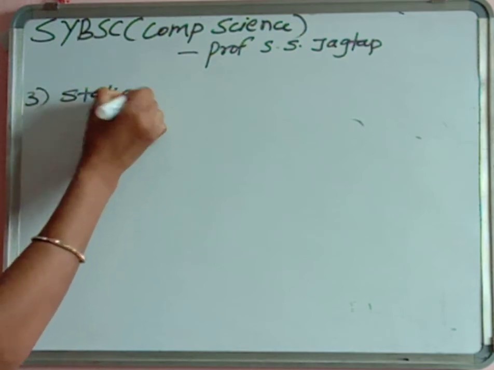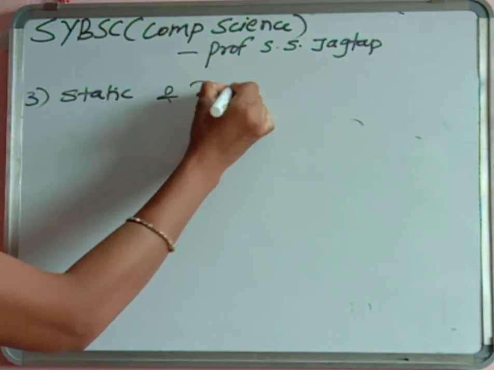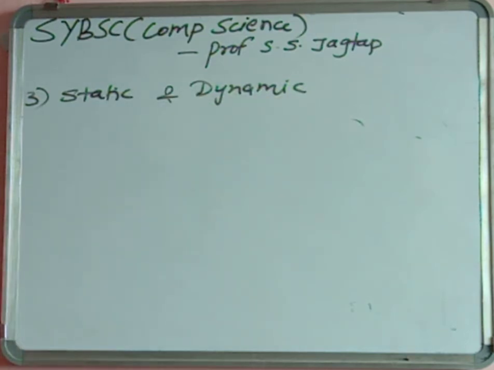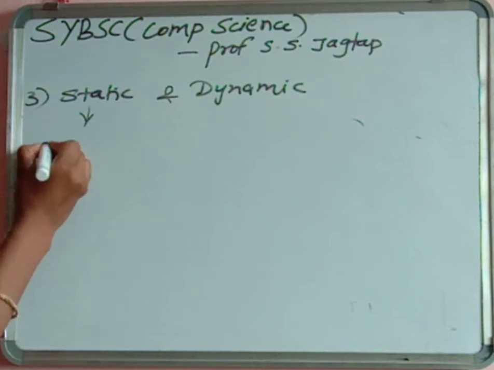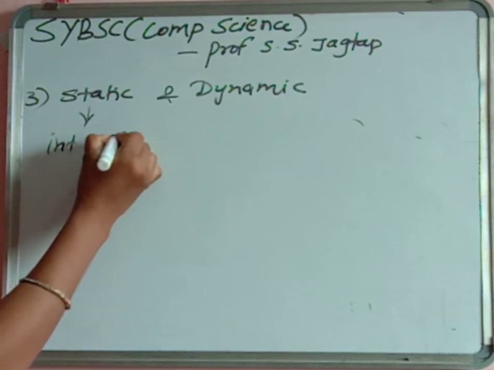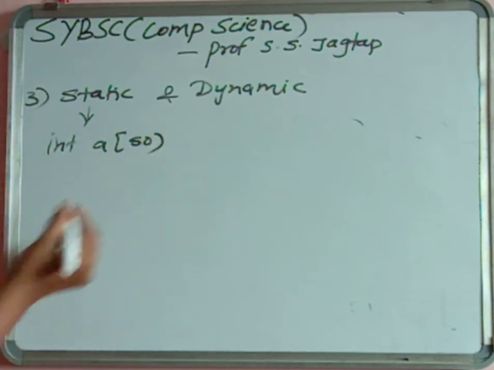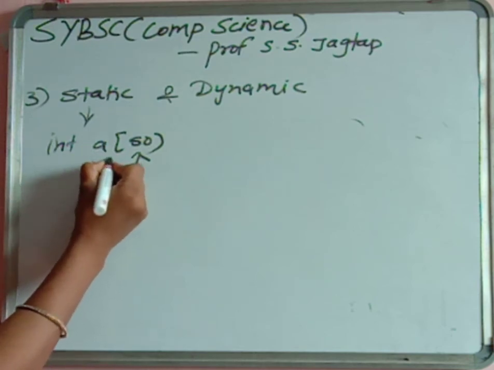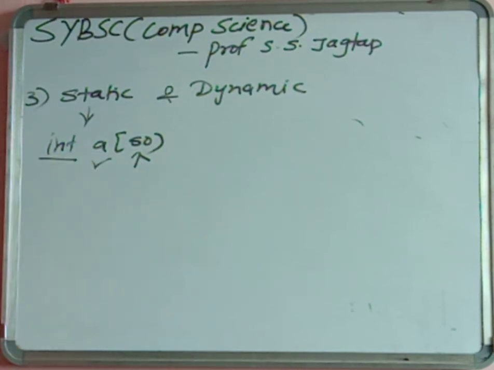Static data structure and dynamic data structure. In case of static data structure, memory of object is allocated at the time of loading of program. For example, integer a of 50. That means 50 elements can be inserted in variable a of data type integer.